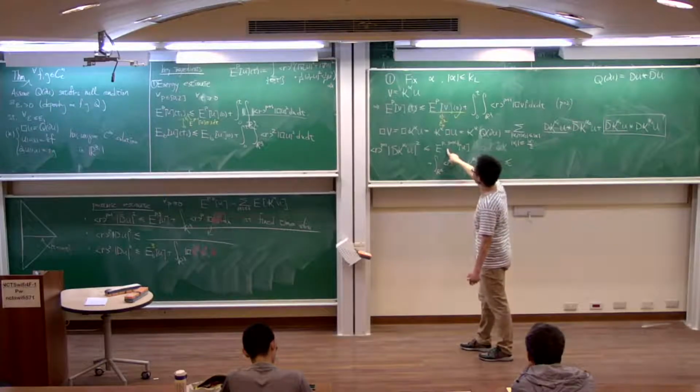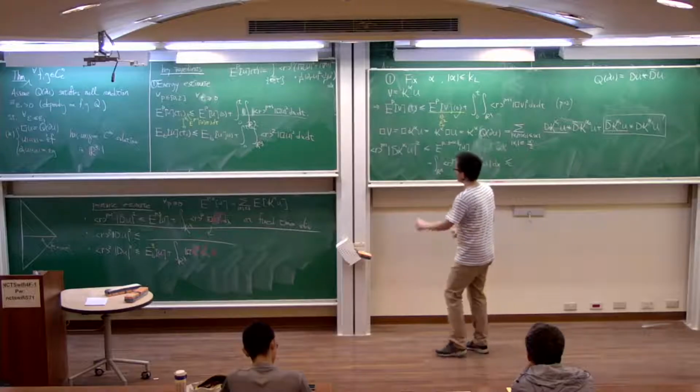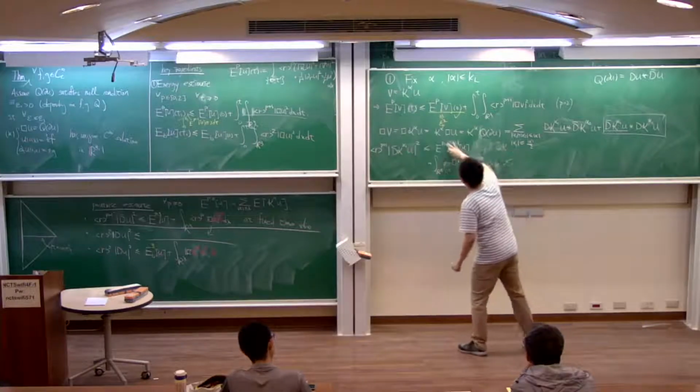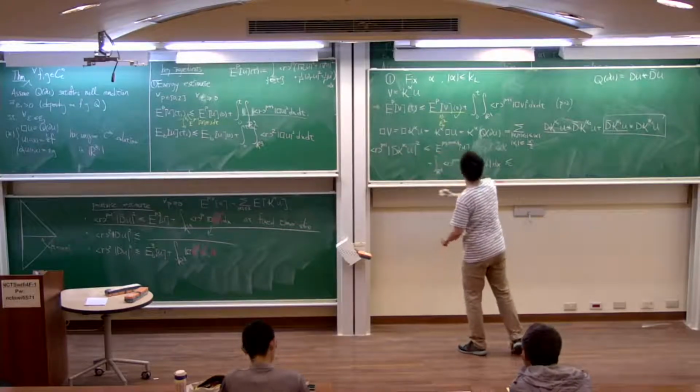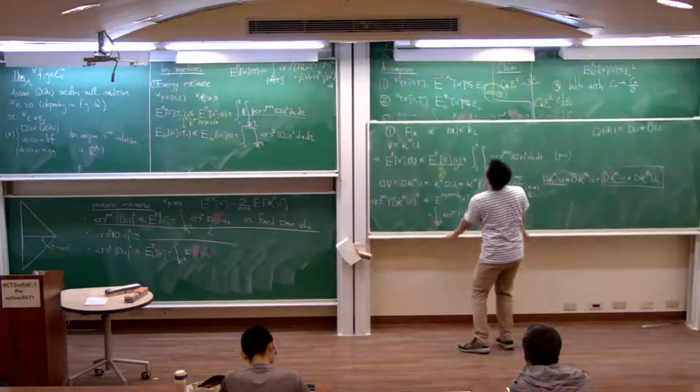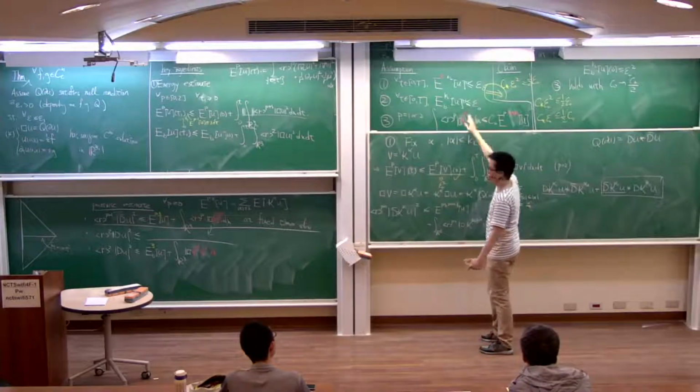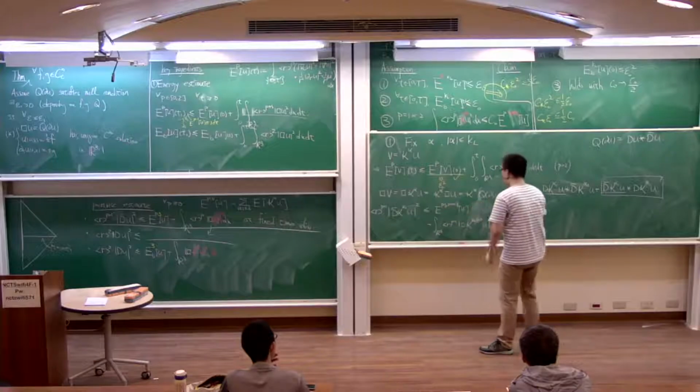So for the first term, here's p minus 1. The bootstrap assumption says the E2 energy is bounded by epsilon naught, so the E1 energy is also bounded by epsilon naught.